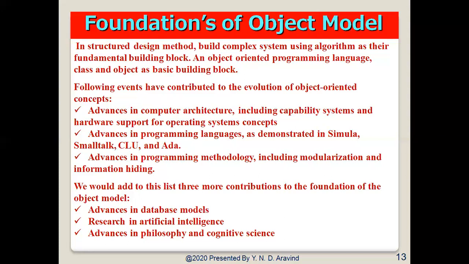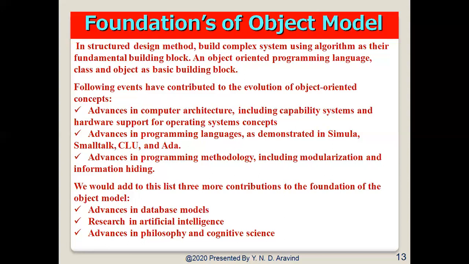The following events have contributed to the evolution of object-oriented concepts. Advances in computer architecture, including capability systems and hardware support for operating system concepts. Advances in programming languages, as demonstrated in Simula, Smalltalk, CLU and Ada.